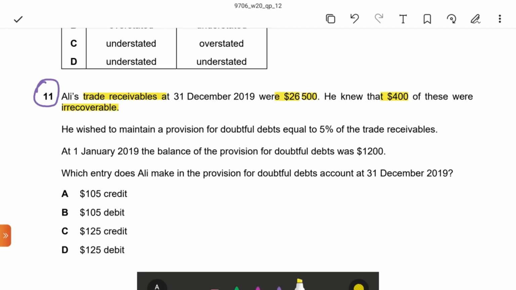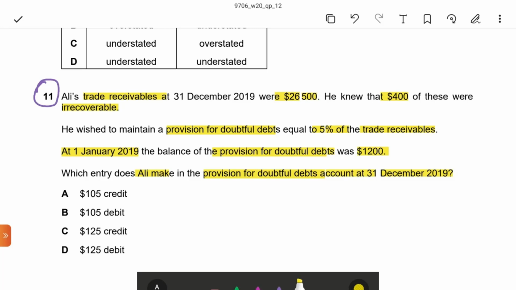He wished to maintain a provision for doubtful debts of 5% of the trade receivables. At January 1st, 2019, the balance of the provision for doubtful debts was 1,200. Opening provision is 1,200. Which entry does Adil make for the provision for doubtful debts at 31st December 2019?